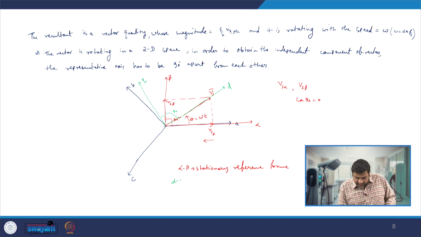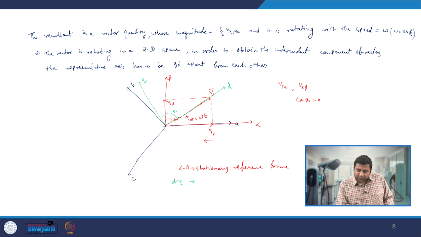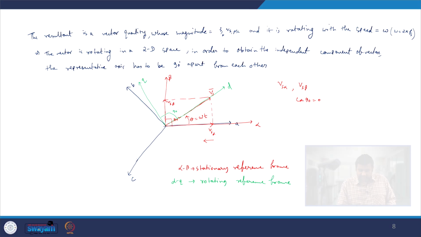So this dq axis is such that d always lies along the Vs space vector, and Vs is rotating in space with speed omega. So we always make sure that these axes dq, which are 90 degrees apart, are also rotating along with this space vector, and that is why it is called the rotating reference frame, sometimes also called the synchronous rotating reference frame, because they are rotating synchronously with the speed corresponding to the line frequency.